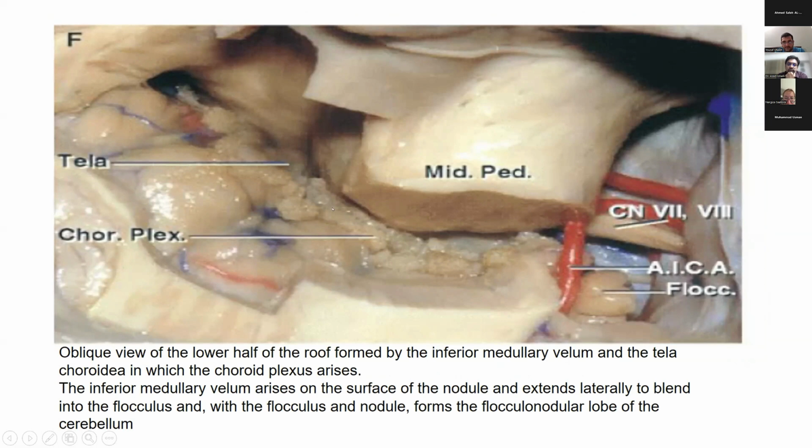This is the choroid plexus running along the lateral wall along with the 7th and 8th cranial nerve. The inferior medullary velum, arising from the surface of the nodule, extends laterally underneath the middle peduncle to the flocculus, forming the flocculonodular lobe of the cerebellum. This is the flocculonodular lobe.